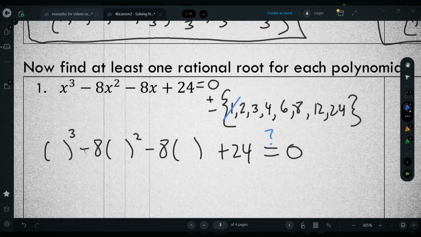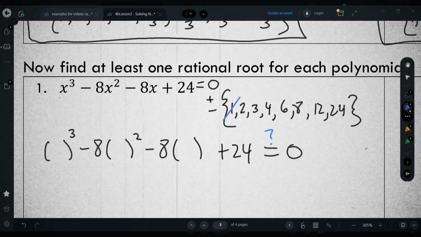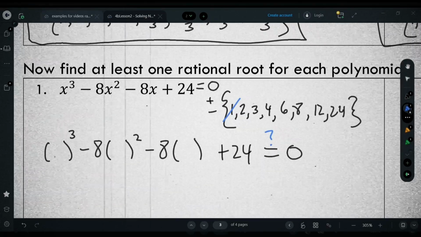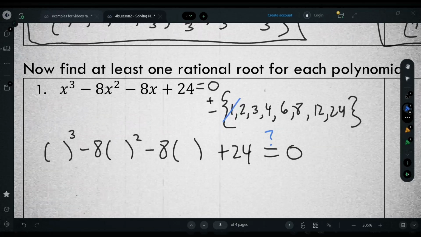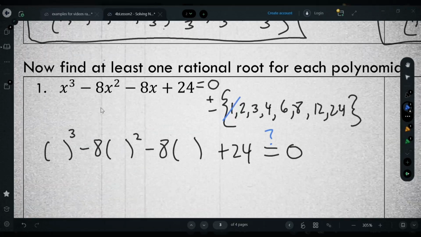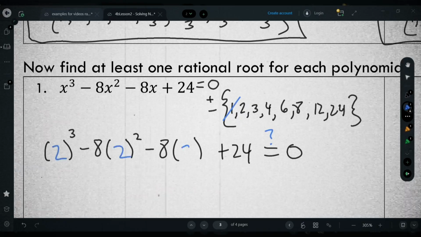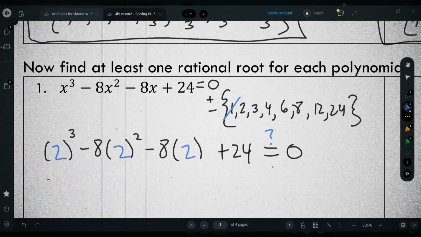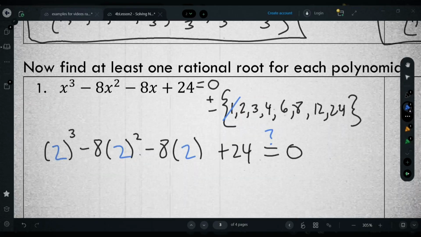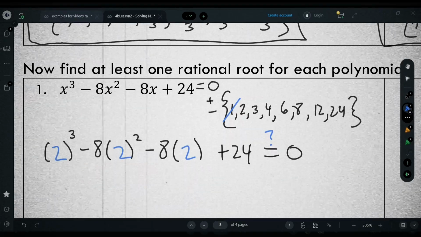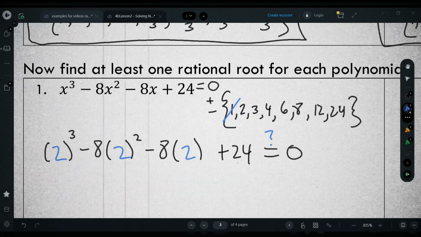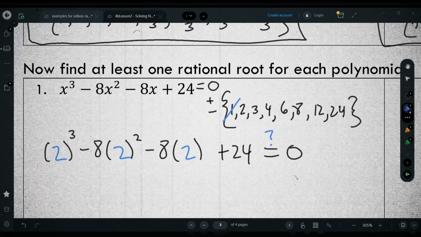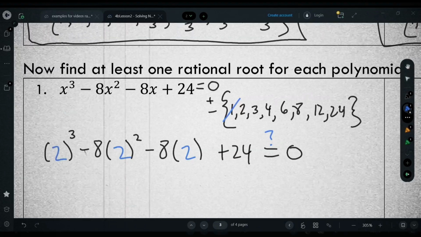It doesn't really matter. I'll go in order. I'll try positive 2. When I plug in positive 2, I get a negative 16. So positive 2 doesn't work. That's no good. Let's try negative 2. And when I plug in a negative 2, it looks like we found a winner. When I plug in negative 2, the function evaluates to a 0.